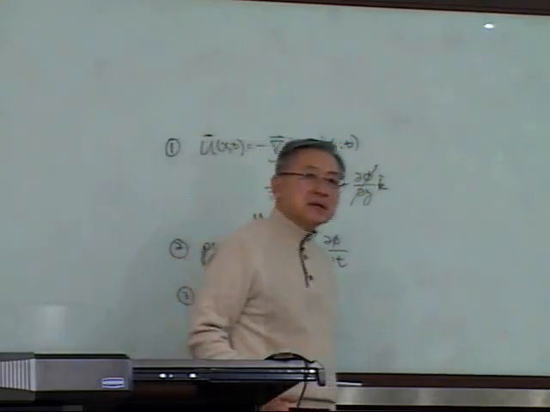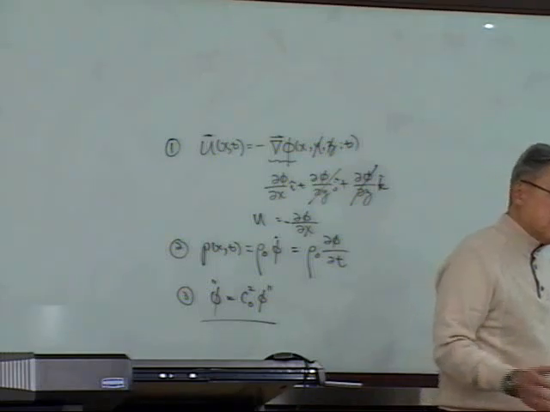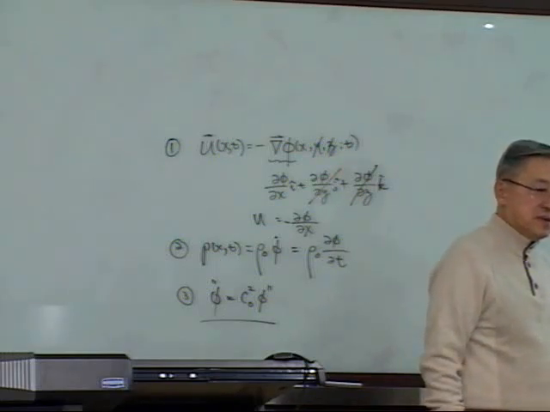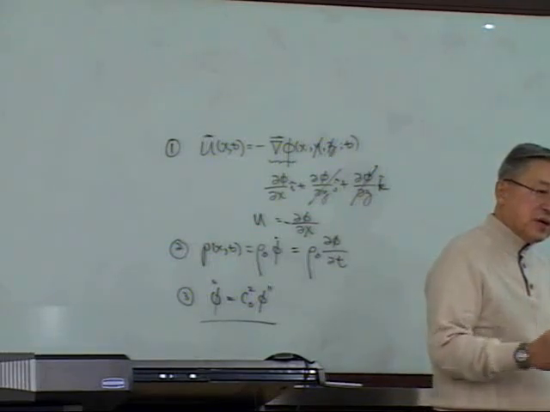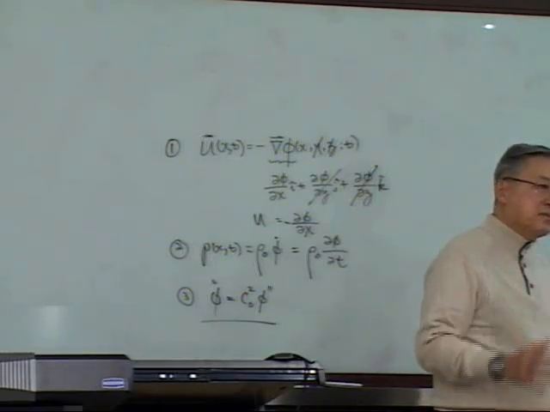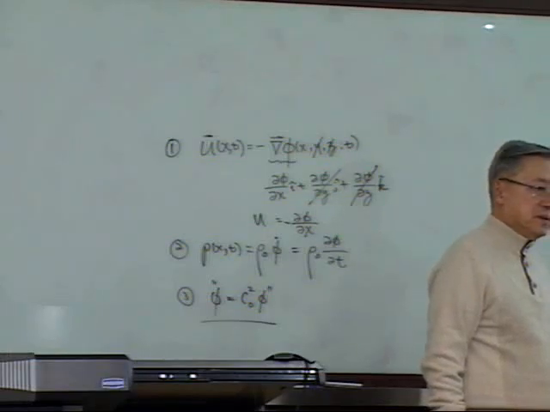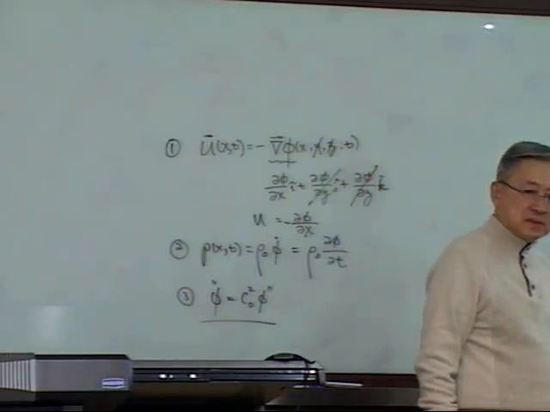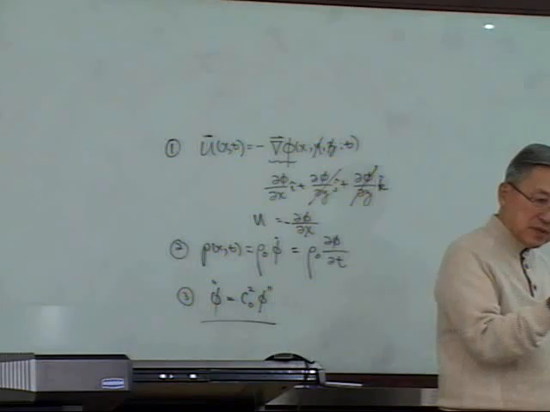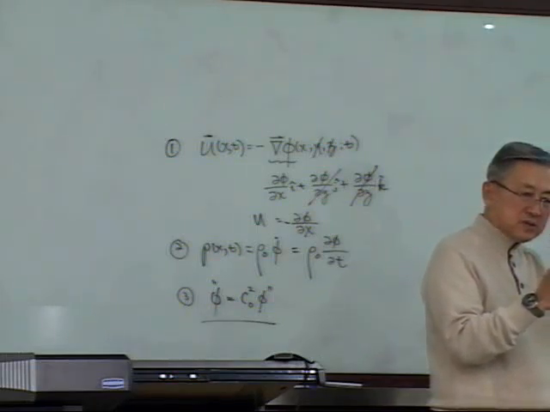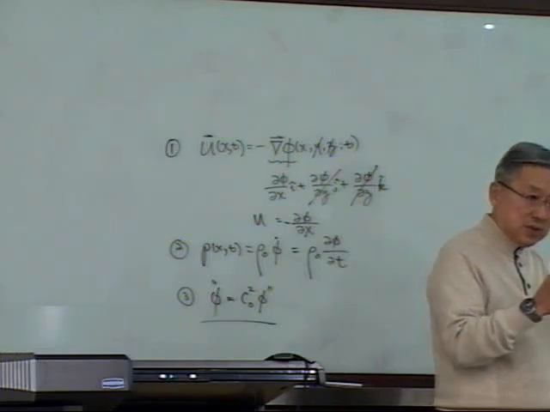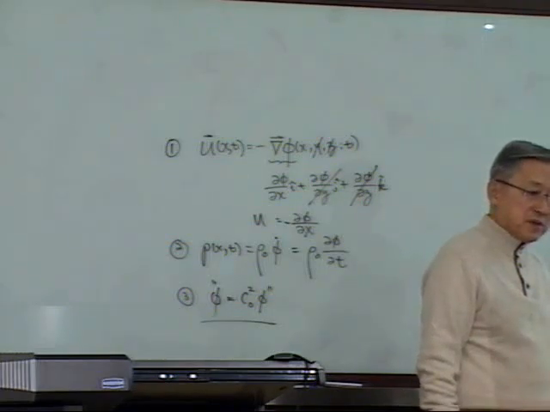What about p_s? That's a scattered wave. The scattered wave is the wave which reflects from the moving part. Remember, that's unknown. That's what we have to solve for.